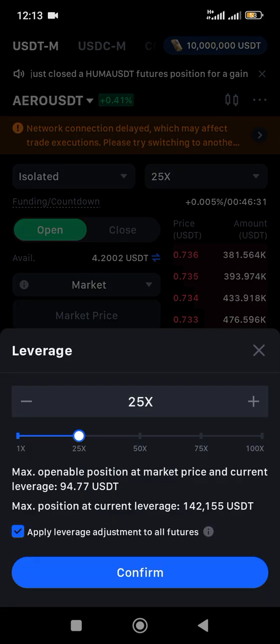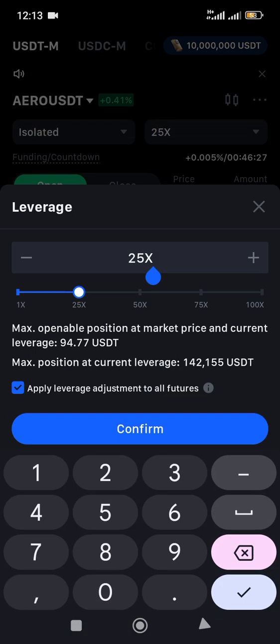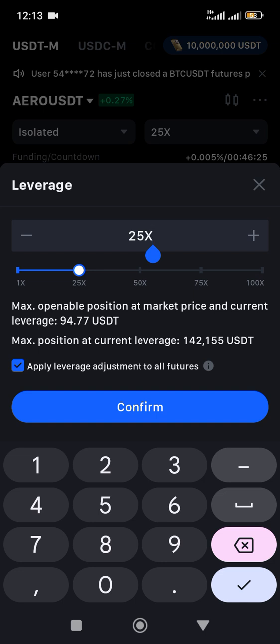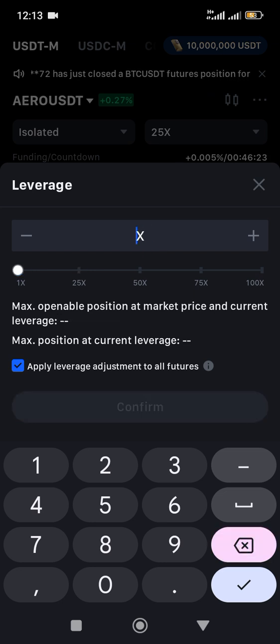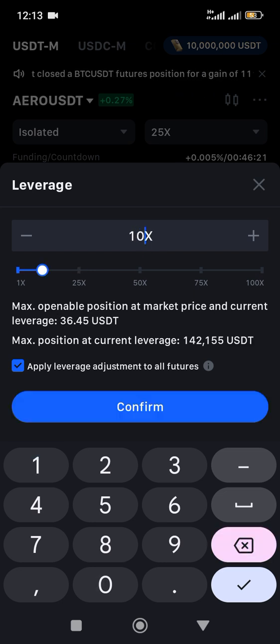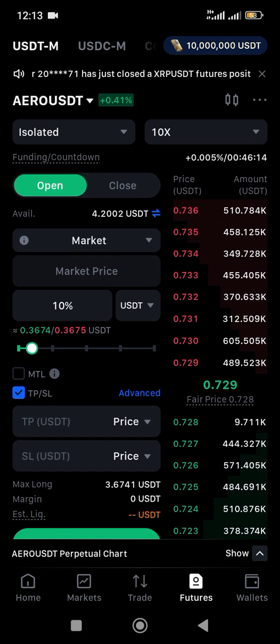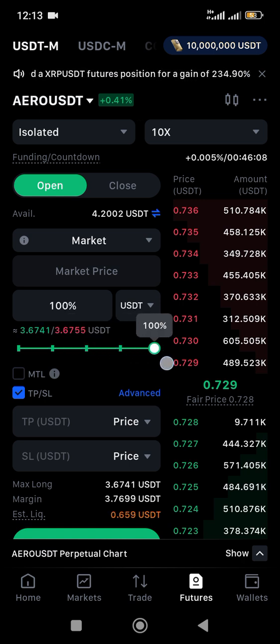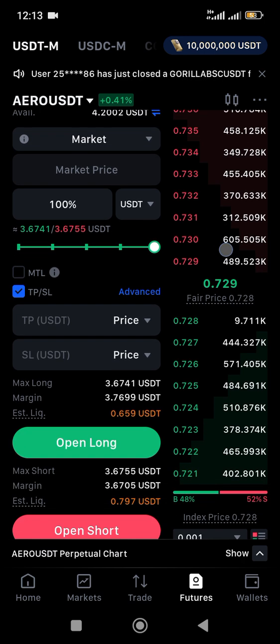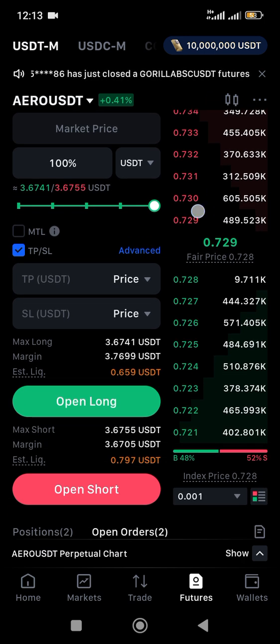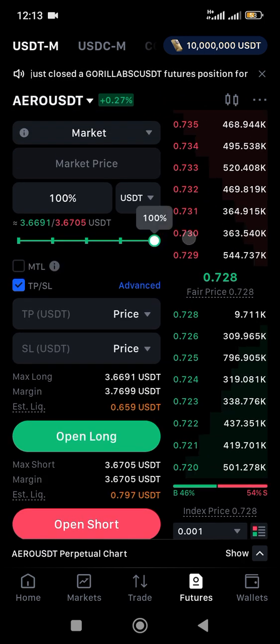So let's assume I'm actually going into this trade. I don't actually want to enter that trade with a high leverage, so let me reduce it to times 10. Let me use times 10 leverage. That is what I want to use to enter that particular trade, because I don't want to go into that trade with high leverage.